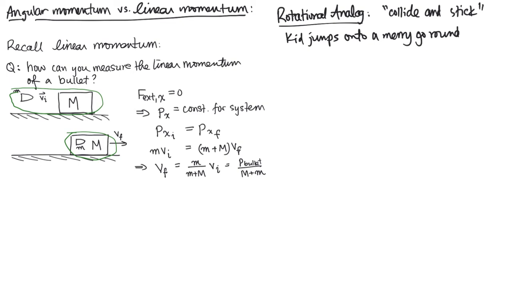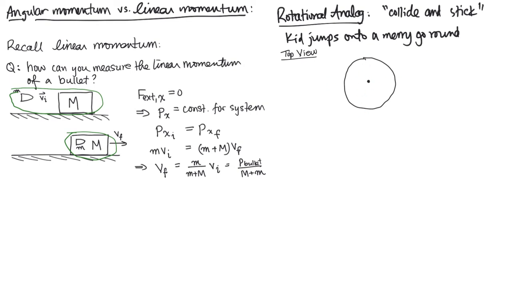Okay, and the situation might look something like this. This would be a top view, meaning we're up above looking down. We have a merry-go-round that's pivoted, and that merry-go-round can spin, but it cannot translate.